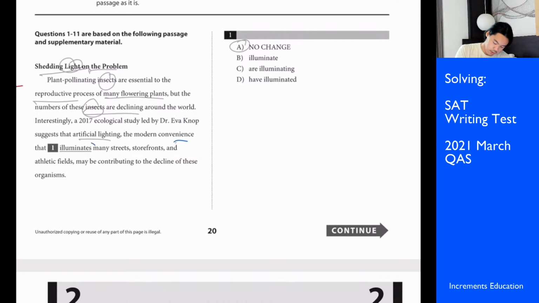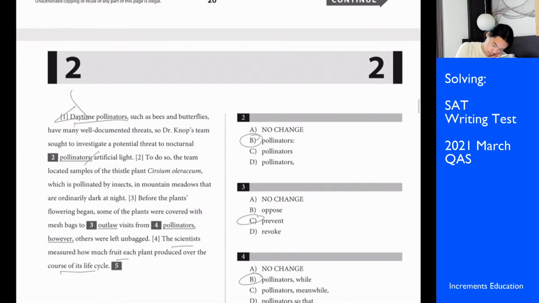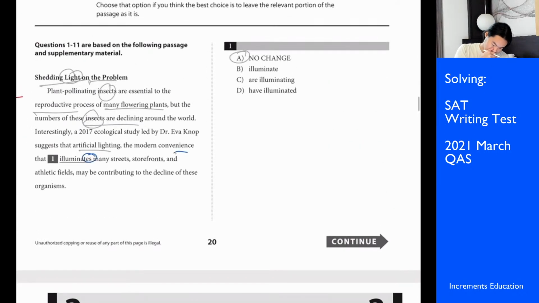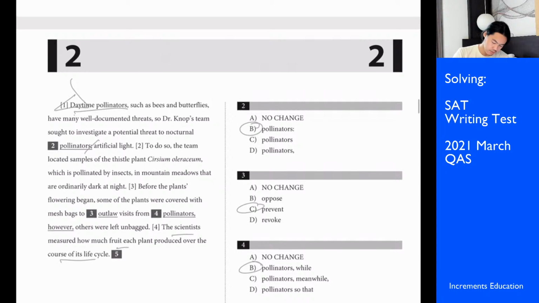The convenience illuminates, that's correct. Okay, these pollinators are good things. So daytime pollinators are threatened by these things. So we want to talk about nocturnal pollinators, you know?